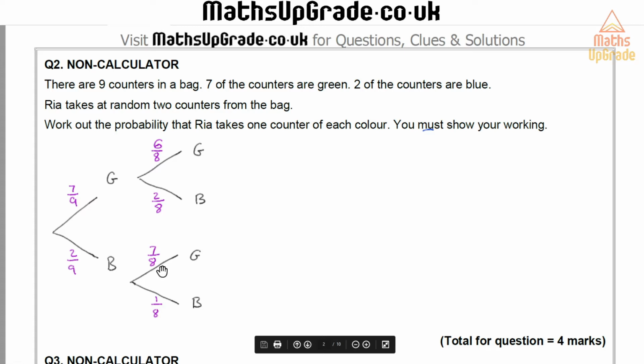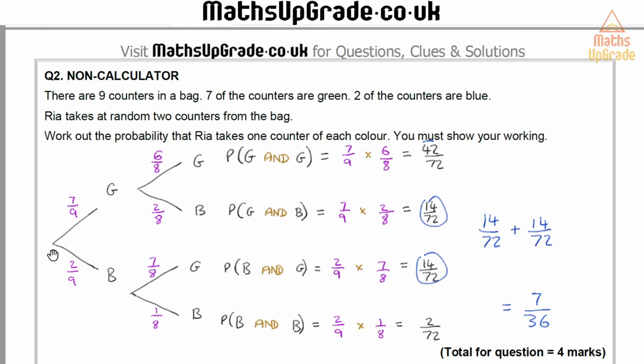The probability she takes 1 of each counter is given by the product of this pathway, so green then blue, or this pathway, blue then green. So it's green and blue, so that's 7/9 times 2/8, which is 14/72.